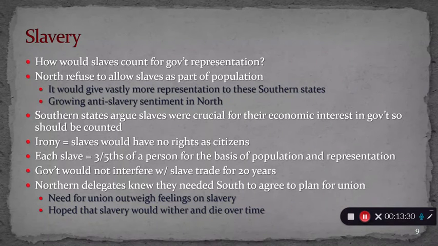More often than not, the belief was, well, maybe we can just set certain conditions in place that will ultimately lead to slavery just dying over time. This was the idea of people like Thomas Jefferson.